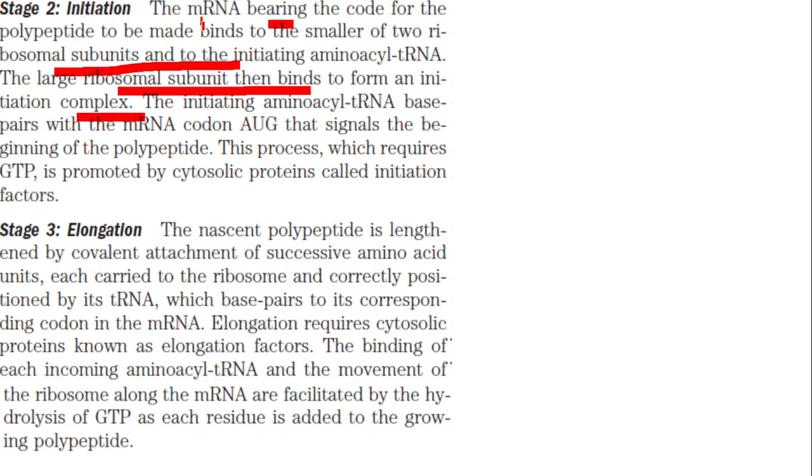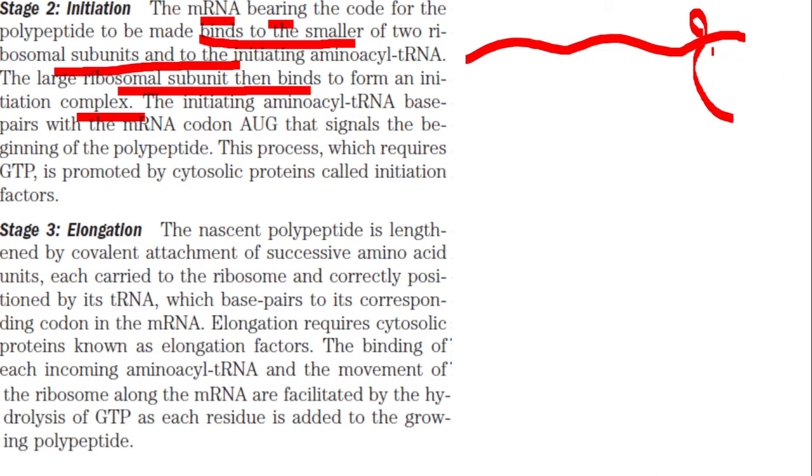First of all, the mRNA binds to the smaller subunit, then binds the larger subunit. Now the initiation complex is formed. Now this initiating aminoacyl tRNA base pairs with the mRNA codon AUG. AUG is the first codon, and that AUG is indicating a particular amino acid, methionine.